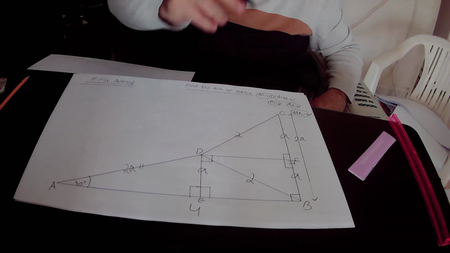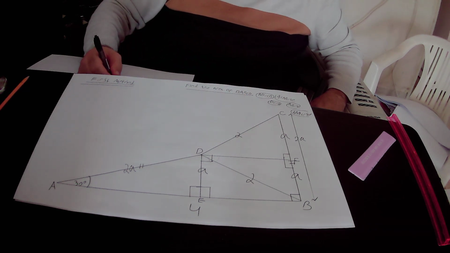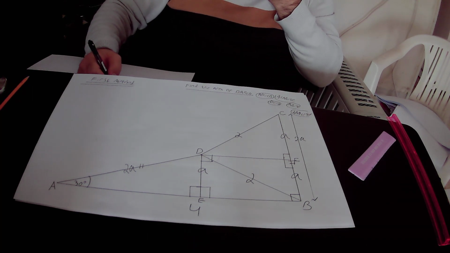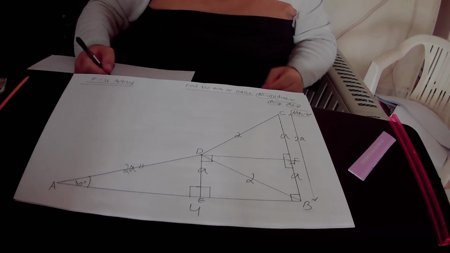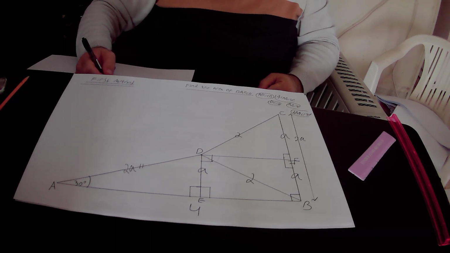DB is 2, so DB square is 2 square. 2 square is 4. And we got that A square plus EB square equals 4.